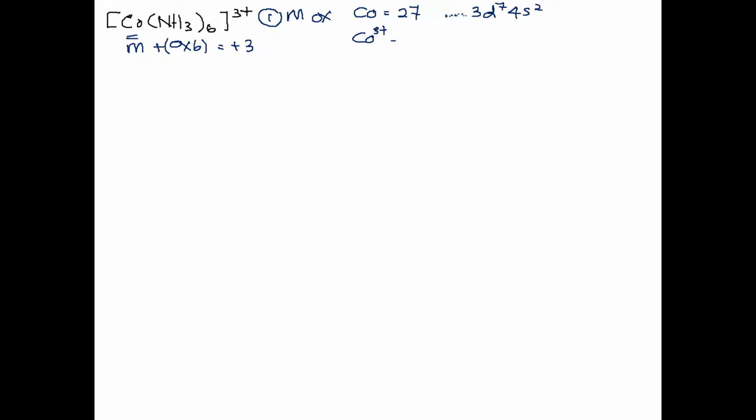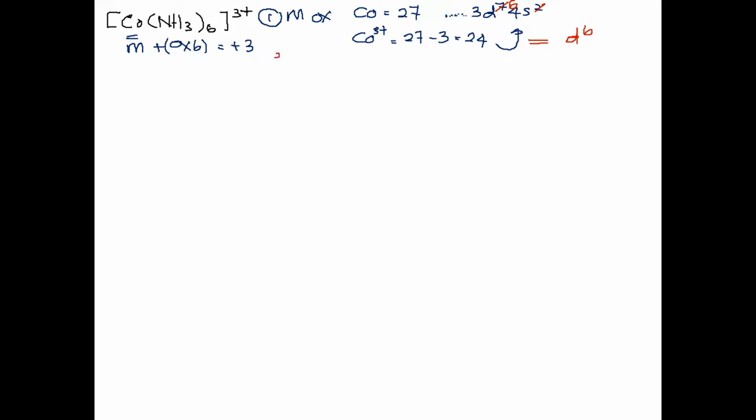So when it's 3 plus, you have to subtract 3 from your atomic number. Then you get 24. So based on your electronic configuration, to have 24 electrons, you have to remove 3, then you will get 3d6. So it means that Co3 plus is d6. Okay, so that is the first thing you need to do.